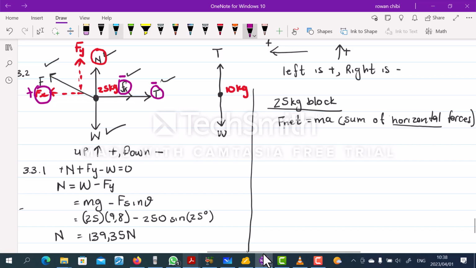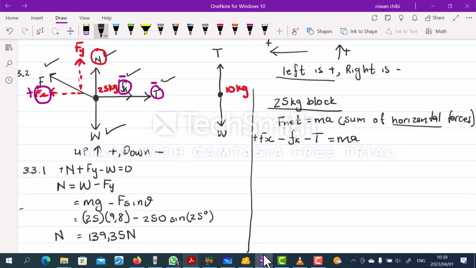So let us include now these ones. We say Fx is positive because it's going to the left, and the left is positive. Here, left is positive, but the frictional force is going to the right, so it is negative. The tension is going to the right, so it's negative. So these two forces are pulling the object to the right. This one is pulling the object to the left, equal to ma.